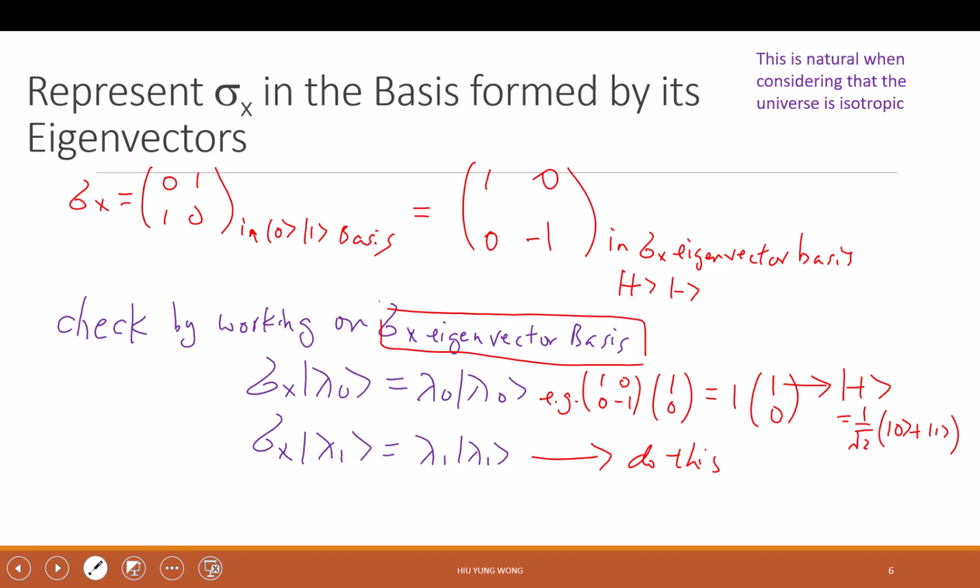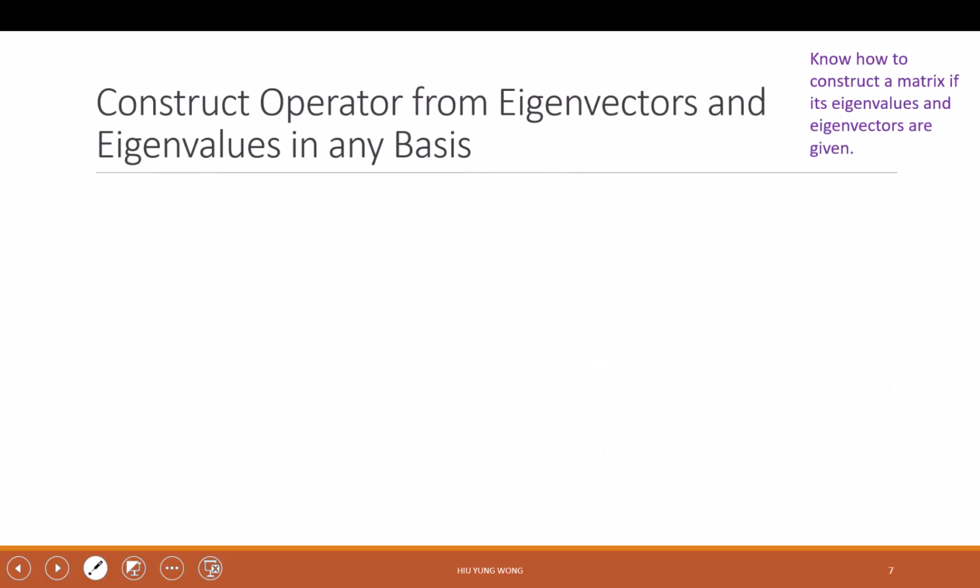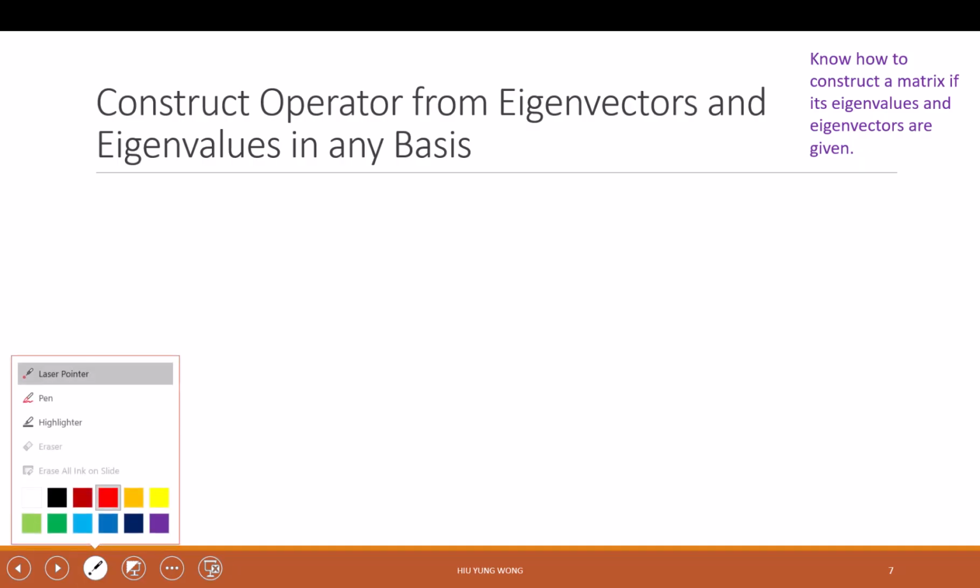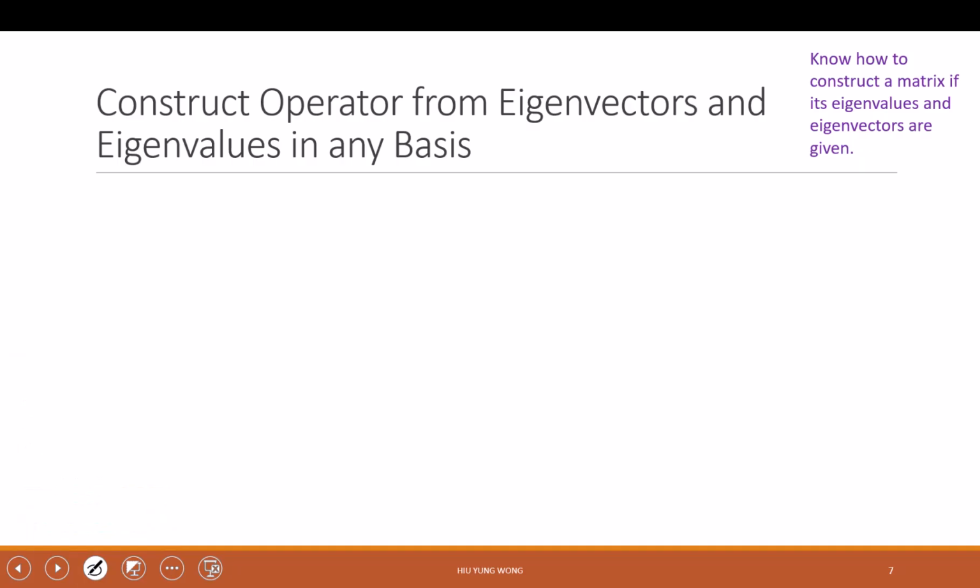But okay. Now, if I give you the eigenvector and eigenvalue in any basis, how do you construct the operator? These are just rules, and you just need to use them, because I try to show you all the essential linear algebra. Then later you can apply it in quantum algorithms, right? So if you cannot fully derive or understand, it's fine, but take it as rules.